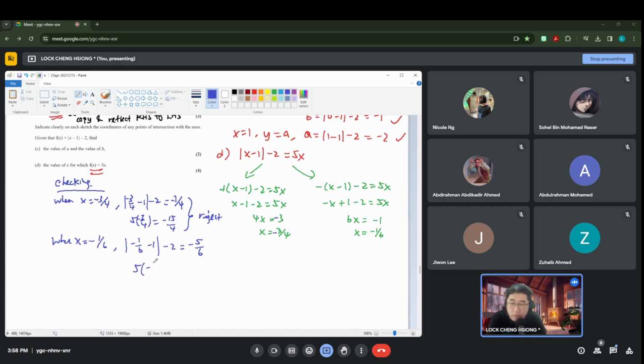And 5 times negative 1 over 6 is negative 5 over 6. Same. So the answer for D is x equals negative 1 over 6. It doesn't include the second answer. You only have one solution.